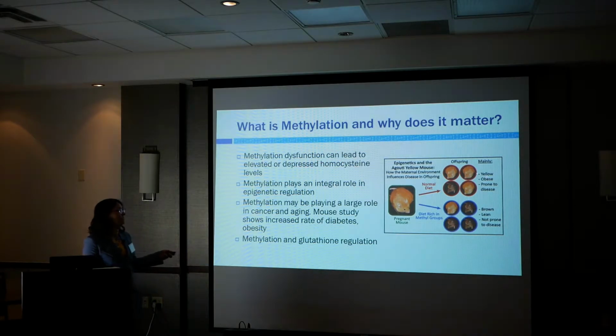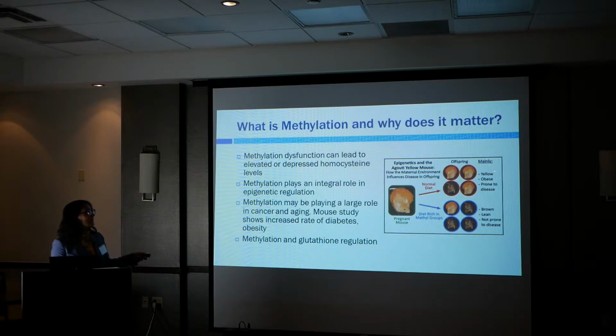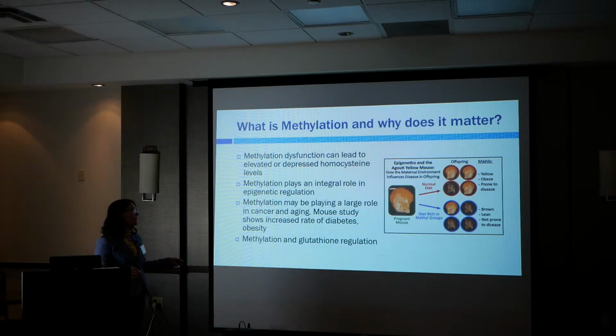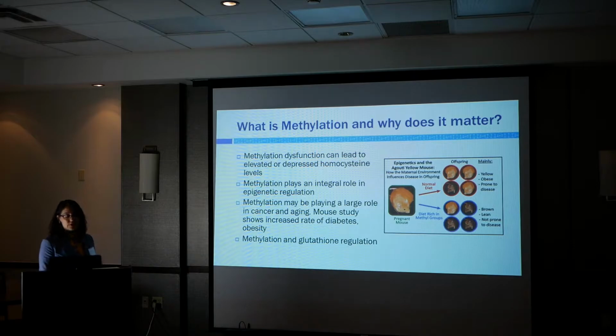With the diet that was low in folate, we found the yellow, yucky coat, more obesity, and prone to disease, as compared to the diets rich in methyl groups. We have these healthy, brown, shiny coat mice with healthier outcomes, and they're not prone to disease.